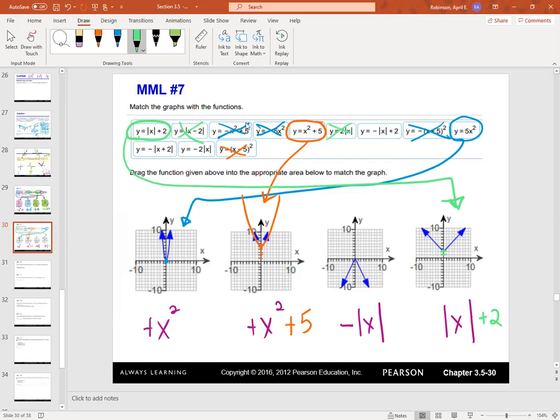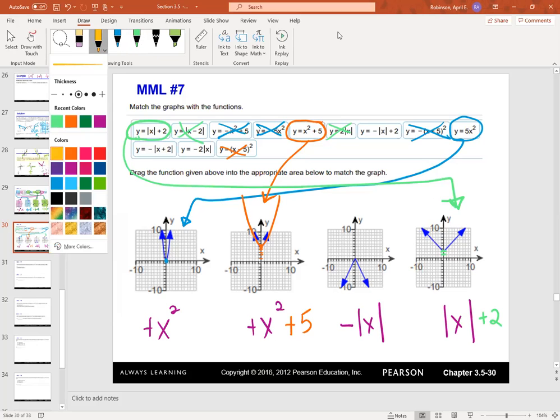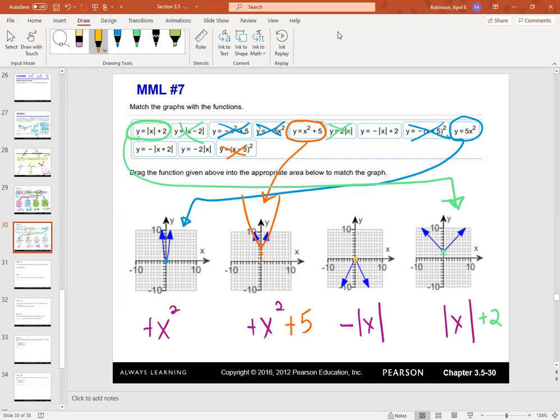So I've got 3 that have negatives. So let's look at those. This one here, it didn't go left, it didn't go right, it didn't go up, it didn't go down. It stayed right at 0. But if you compare this one with this one, this one is much tighter. It's tighter to the y-axis than this one is.